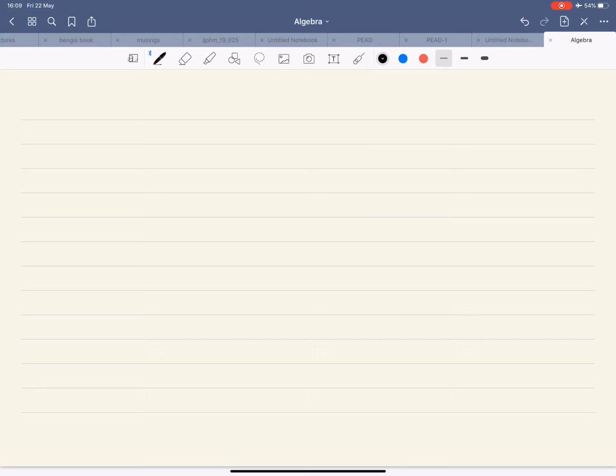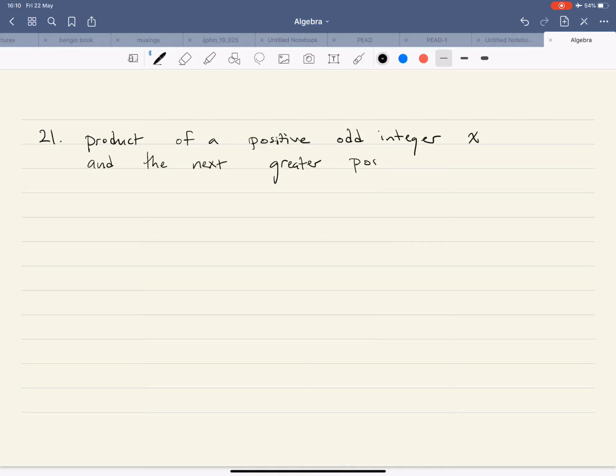Let's do the next exercise. Now we have the phrase, the product of a positive odd integer, x, and the next greater positive odd integer.